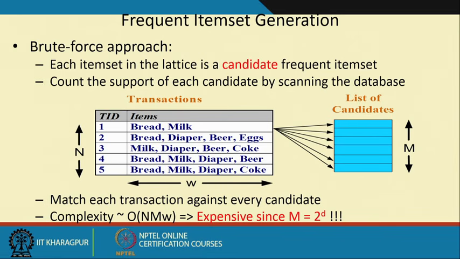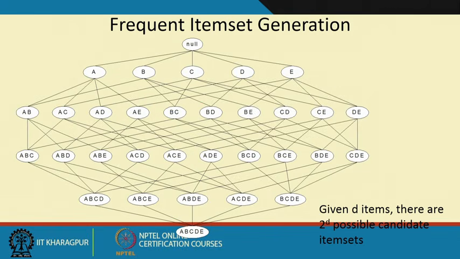So, if the total number of transactions is 100, a particular item set should appear more than 10 times. If that is so, then I call it a frequent item set.